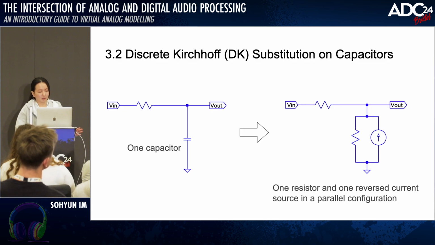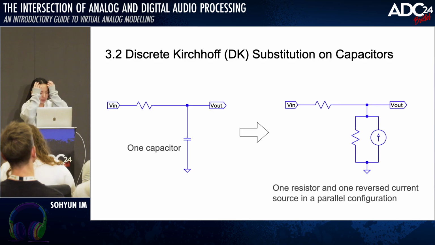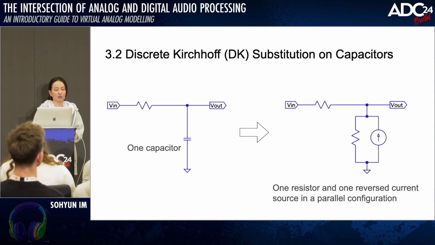I will go through the principle behind this method, but I want to share first: in our process for doing virtual analog modeling, when you see one capacitor in your circuit, we will substitute it with one resistor and one reversed current source in a parallel configuration.